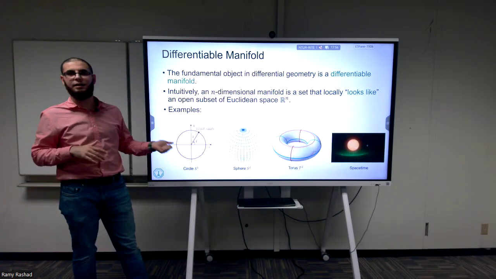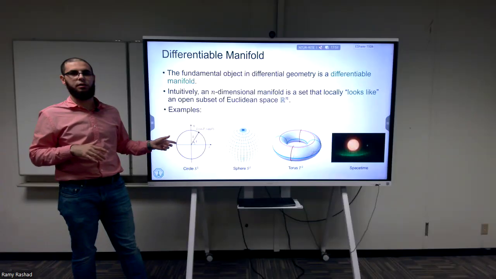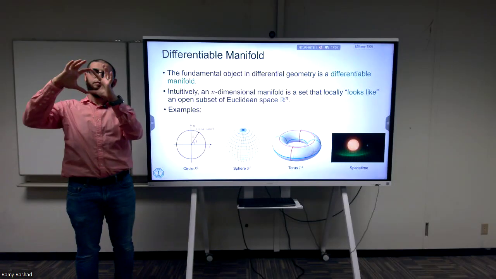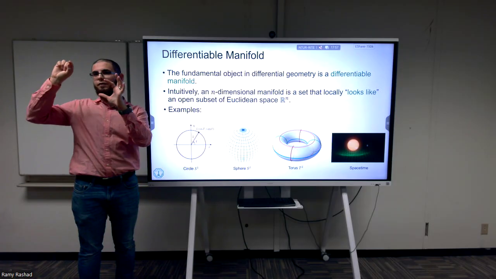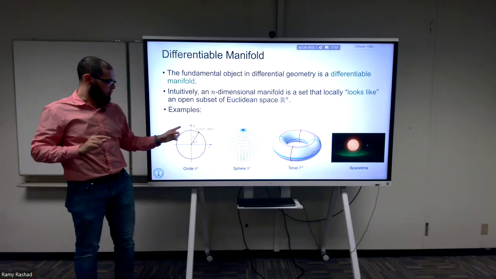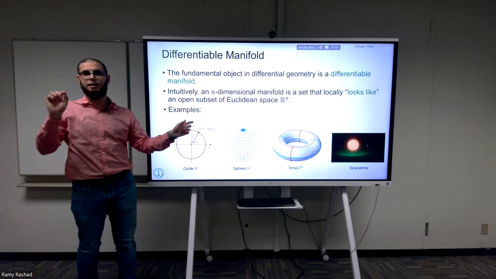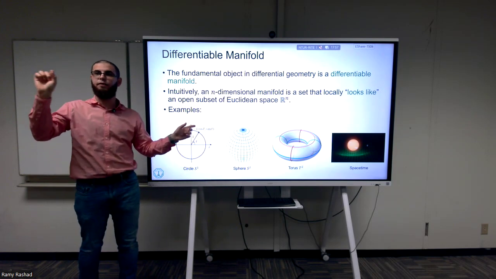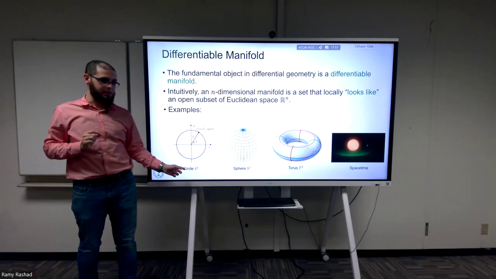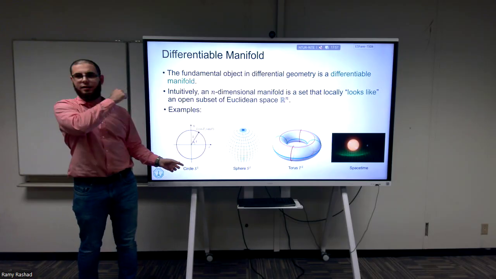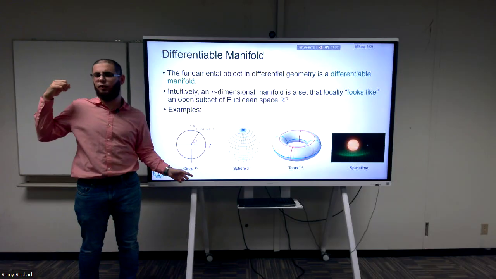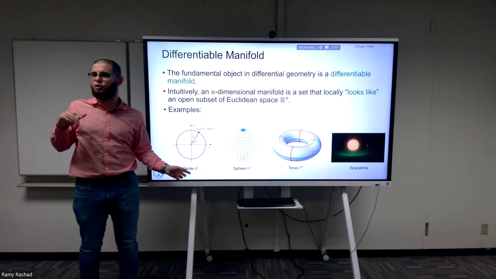This is the intuitive idea of what a manifold is. An example of a one-dimensional manifold is the circle. If you have a particle living on the circle that never exits the circle, then this particle lives in S1. We can define it in the same way that we defined S2 and Sn, I think in the first lecture or the second one.